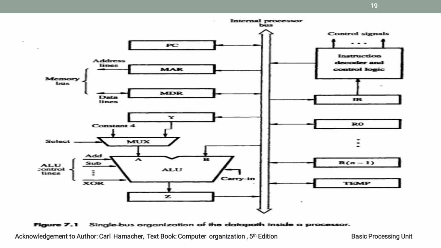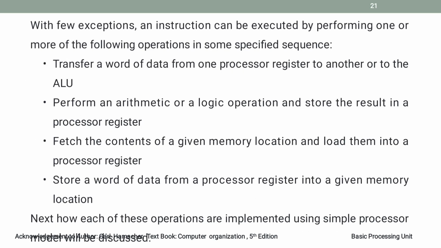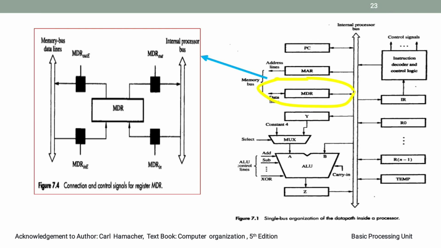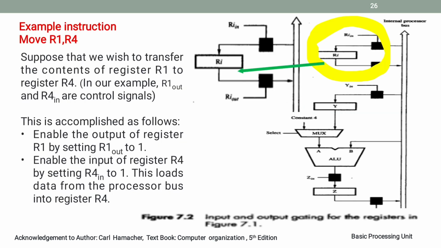We discussed in depth the following topics: data path, four different kinds of operations needed to execute an instruction, connection and control signals for register MDR, and how MDR is operated with the four different control signals in this processor, with the example instruction move R1, R4.